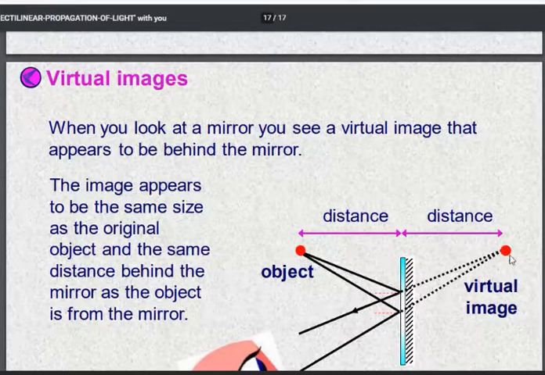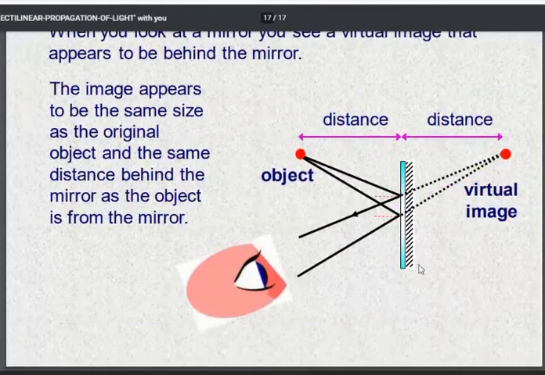That's why this is a virtual image. The image appears to be the same size as the original object and the same distance behind the mirror as the object is from the mirror. This is the characteristic of the plane mirror.